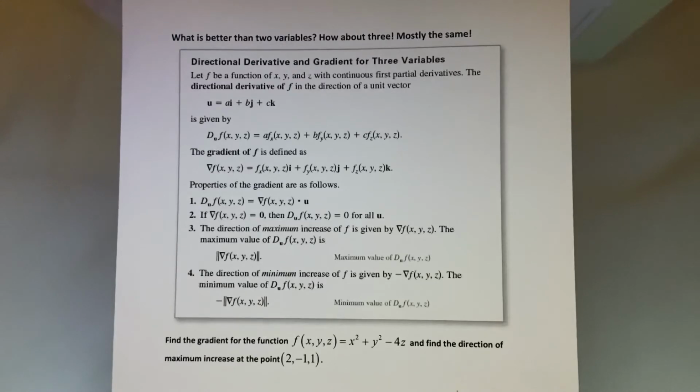The properties of the gradient are as follows. It's still the dot product of our gradient vector and our unit vector. Still, if the gradient is 0, the whole directional derivative is 0 in every direction. So the maximum and minimum still apply. It's still the magnitude of the gradient or the negative magnitude of the gradient.